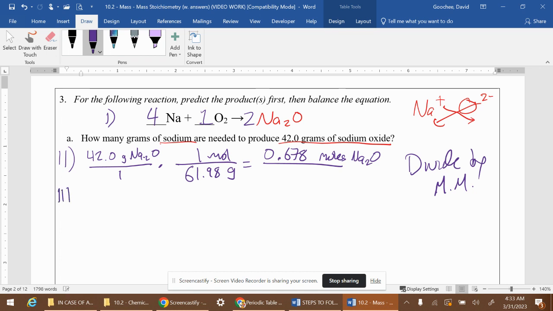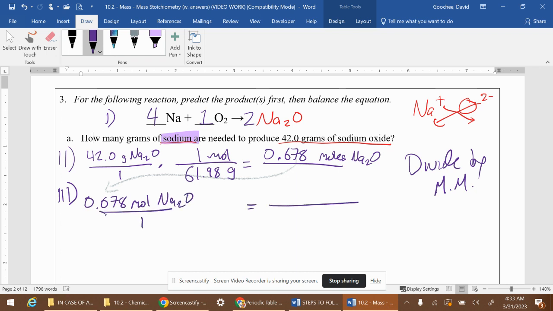Okay, next step. Now that we know the moles of sodium oxide, we have to convert that into moles of the final substance in this question, which is pure sodium. So we got to get out of moles of sodium oxide and into moles of sodium using the balanced equation. So taking this guy, 0.678 moles of Na2O.